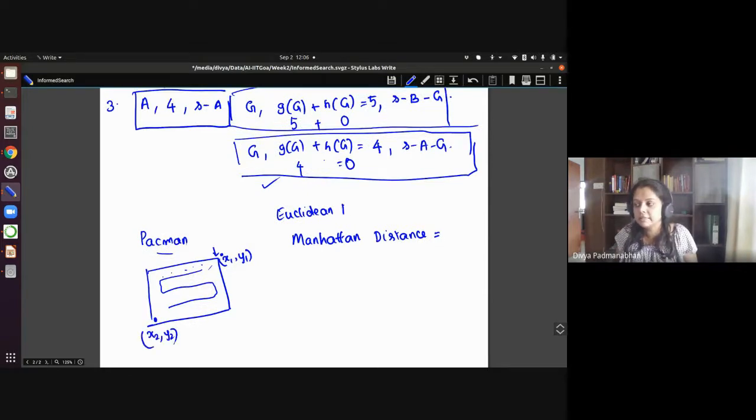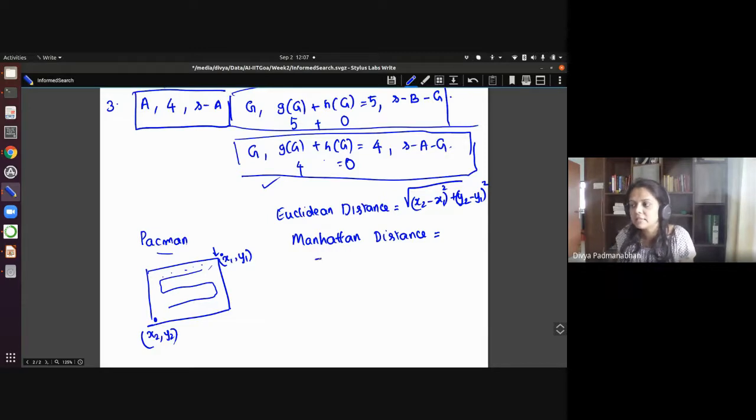The Euclidean distance is your usual notion of distance: the square root of x2 minus x1 squared plus y2 minus y1 squared. In higher dimensions, you can again adapt this, you'll have many more summations. This is the usual notion of distance.